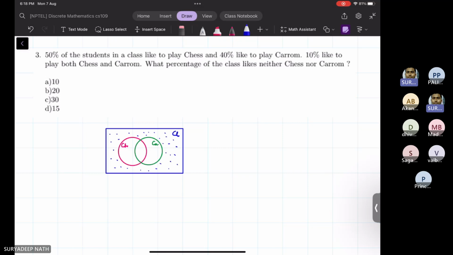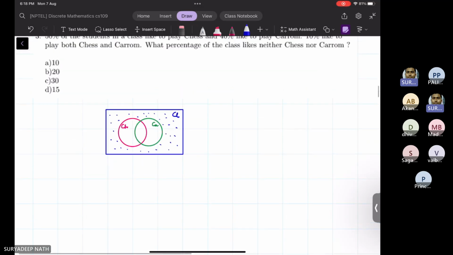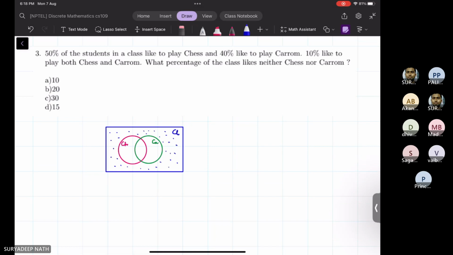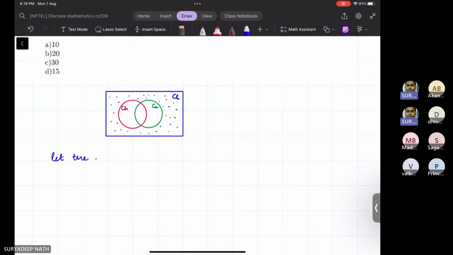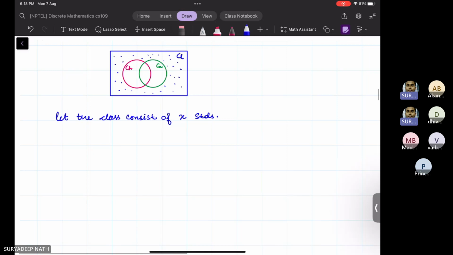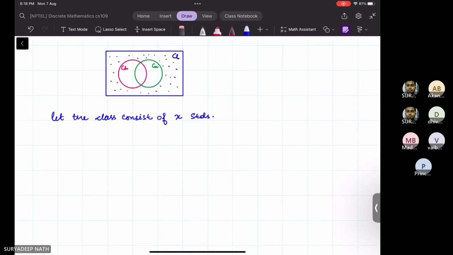So how to find what is in the dotted region? Basically, let the class consist of x students.